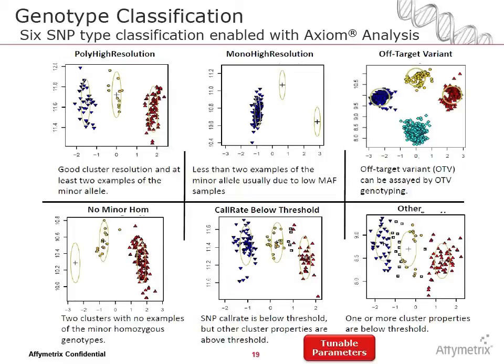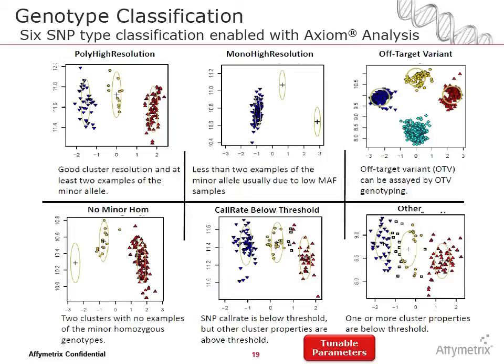Then call rate below threshold is somewhat important in plants because when we do our analysis, we set a call rate threshold of 97%, and then we start classifying the clusters. Sometimes these clusters are well resolved, but they fall below our call rate. Typically in plants, you might want to set a threshold of maybe 95% because those SNPs are still important.